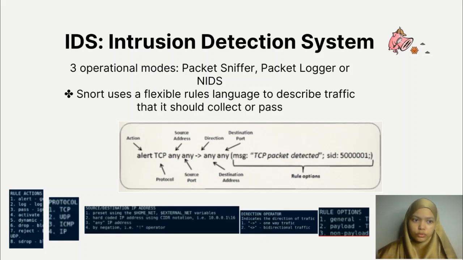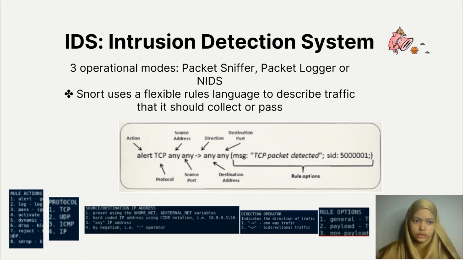For protocol, we have four: TCP, UDP, ICMP, and IP. For the source address, the arrow, which we call the direction operator, indicates the direction of the traffic. For example, this one is one-way traffic, which means the external attack will go into the home net, and then we also have this one here, which we call bi-directional traffic.